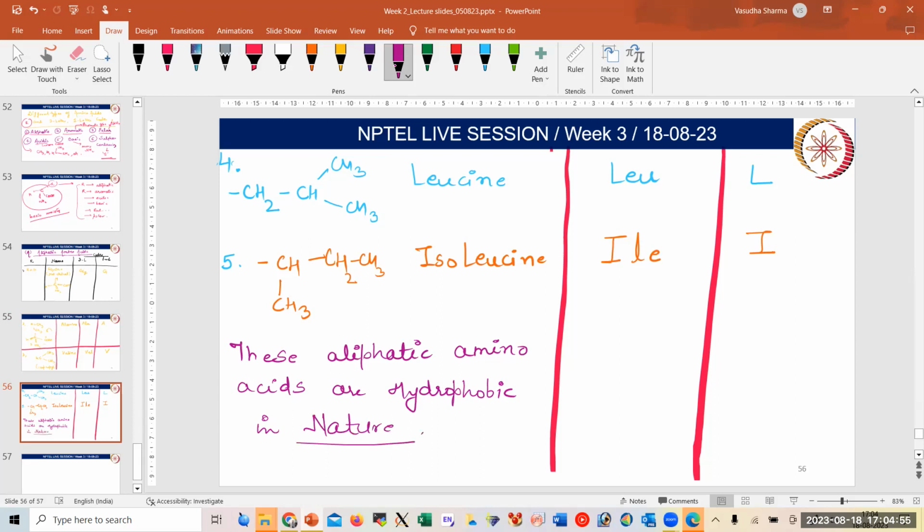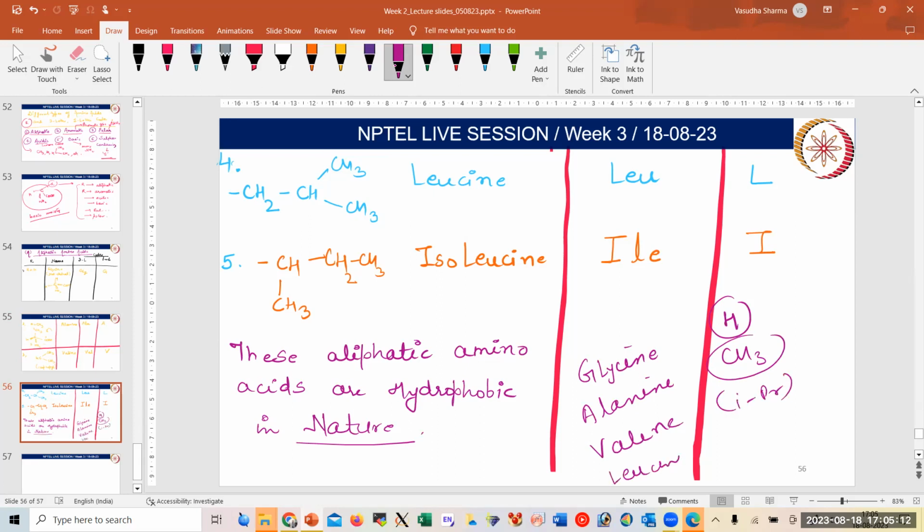So these 5: glycine, having only H; alanine with CH3; valine with an isopropyl group; leucine with CH2 and an isopropyl group; and isoleucine, having CH2, CH3, CH, CH3, connected this way. So these are the aliphatic ones.